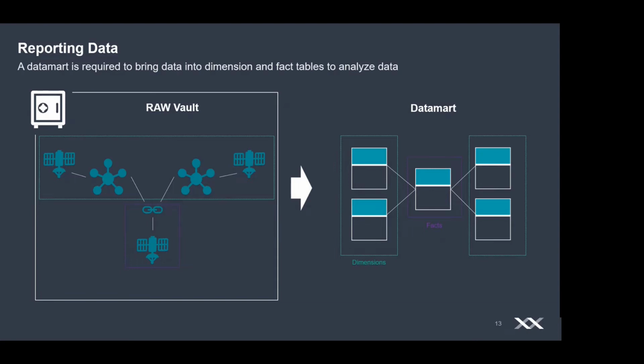And in this layer, the business logic and data cleaning can be done to present the data for the purpose of the end user. So in the end, you will still have a star schema on top of the raw vault, and then obviously Power BI or whatever front-end tool connecting to that data mart.